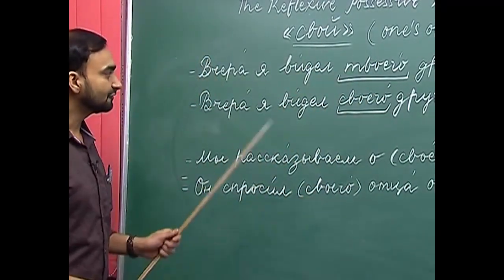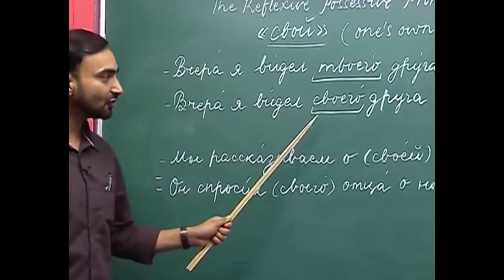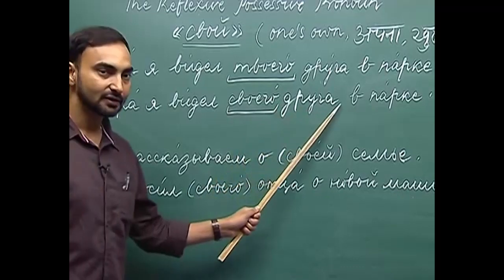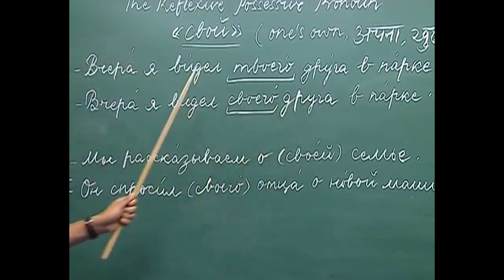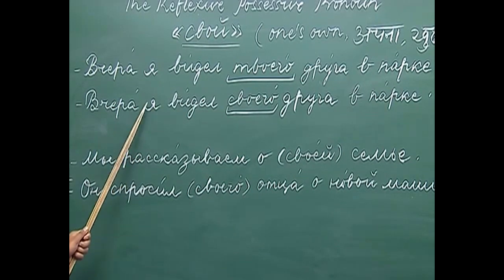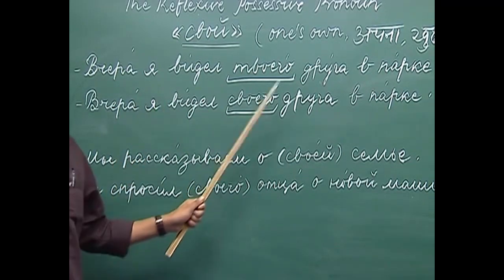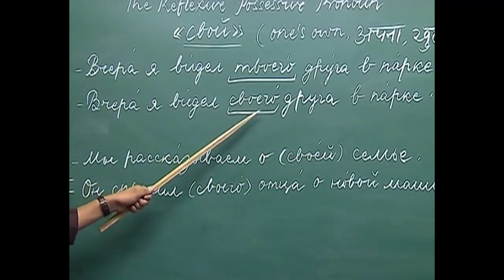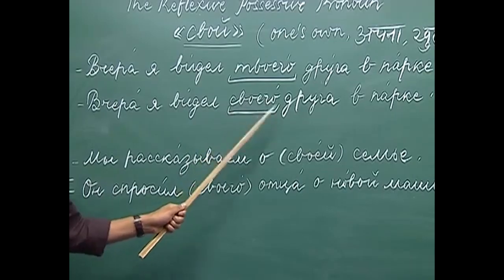Next sentence, вчера я видел своего друга в парке. So here друг is something that is directly related to the subject which is я. So я is talking about something of his own. That is why we are using the reflexive possessive pronoun свой here.